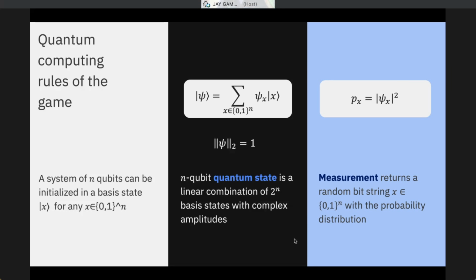Then I have the ability in a quantum superposition to make a superposition of all of these, and then I have the final part to get out a probability. So this shows the idea of that stomach that I talked about. I put in n bits at the start. Inside, I have access to this very large vector space. And at the end, I have the ability to sample some probability and get some outcomes. So these are the rules of the game and what we get access to.